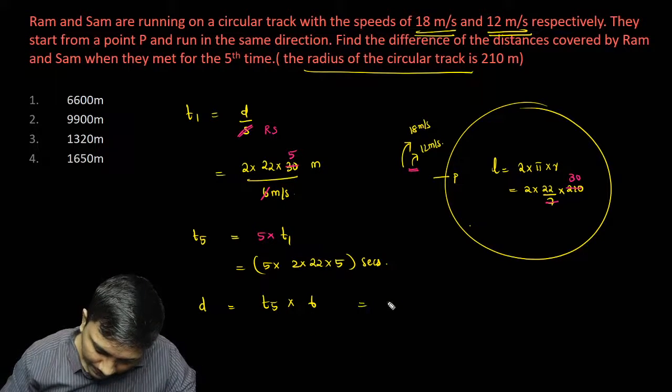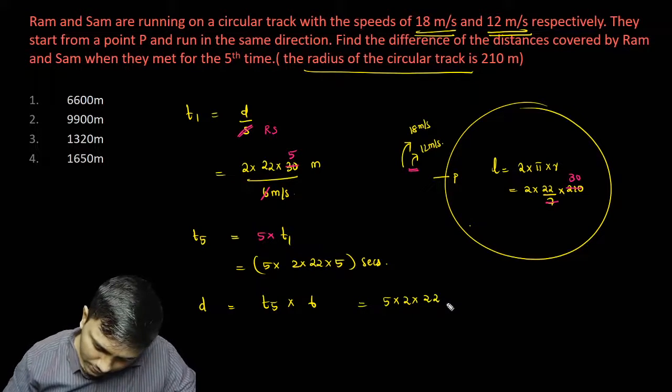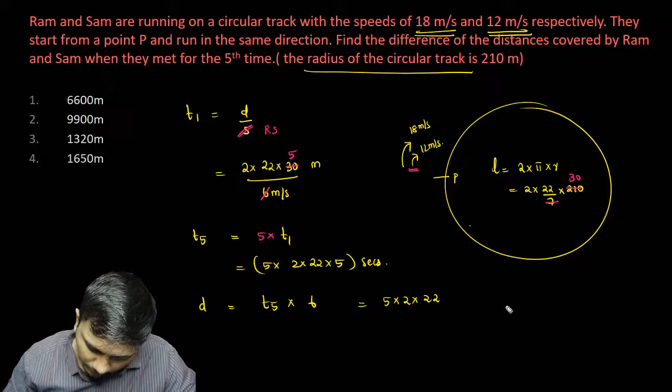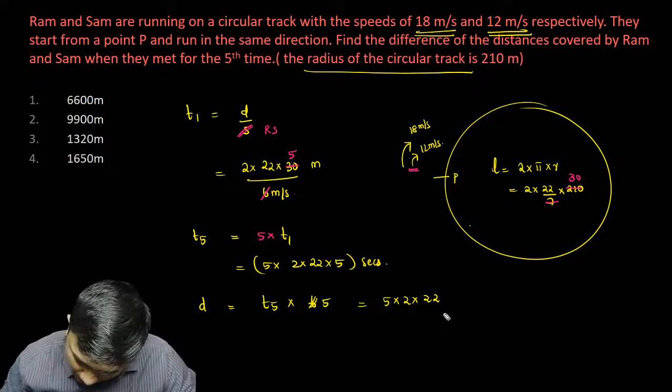So let's do that. That's 5 into 2 into 22. Okay, that's 6th meeting, it's 5th meeting. 22.